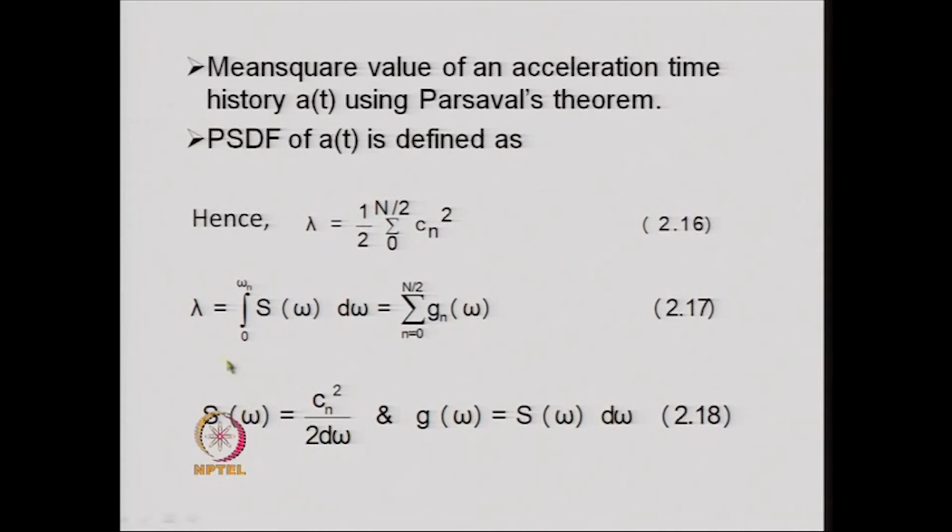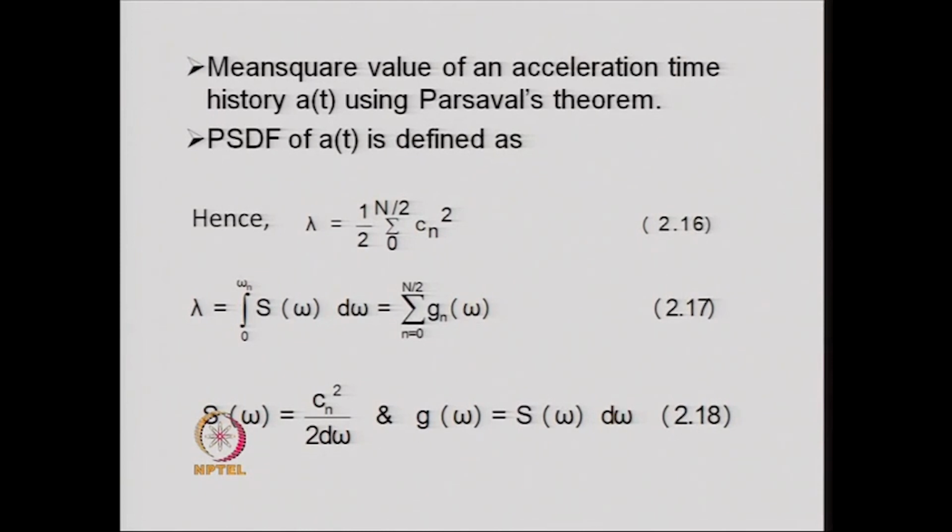Now, the mean square value again by definition comes to be the integration of this quantity, that is S(omega), say, is the power spectral density function ordinate at a frequency omega.